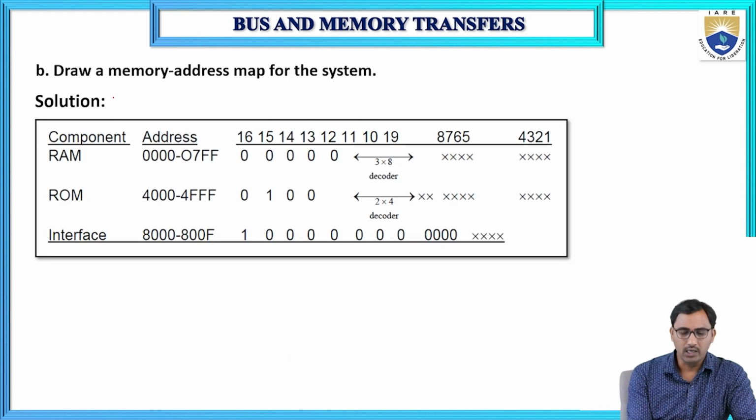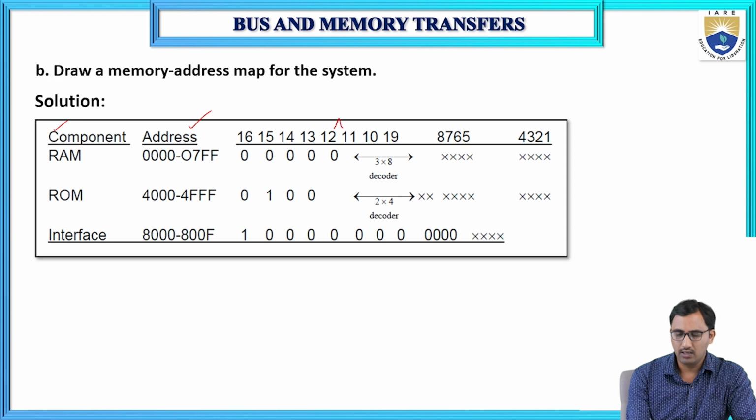And the second one is to draw a memory address map for the system. So we need to draw the memory address mapping. Here we have the component column and the address lines.